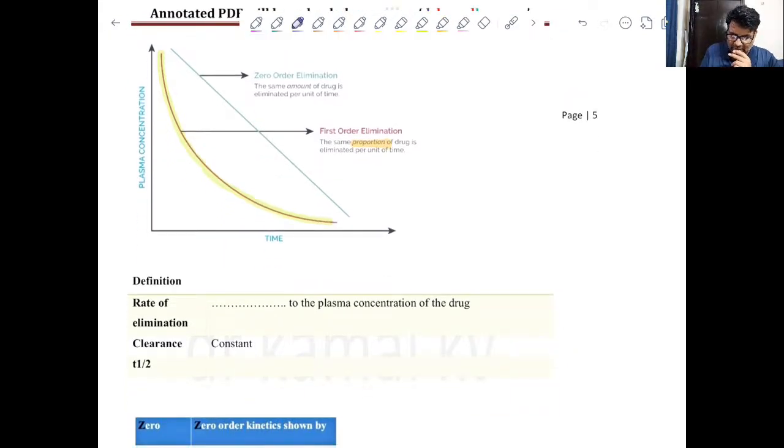So if we write the definition, a constant fraction of the drug is eliminated, and therefore the rate of elimination of the drug is proportional to the plasma concentration of the drug, right?